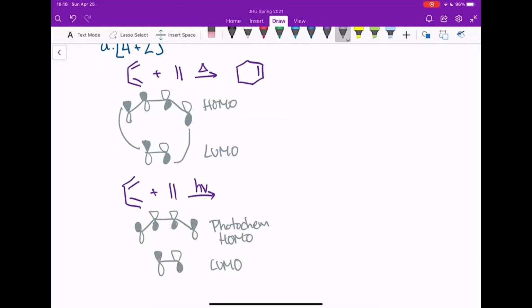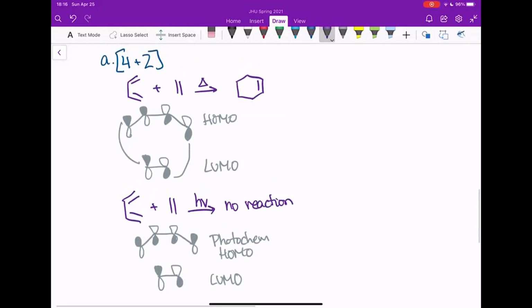And then here you can see that there will not be any overlap, which means that there's no reaction. Cool. Okay, so those are your two cycloaddition reactions.